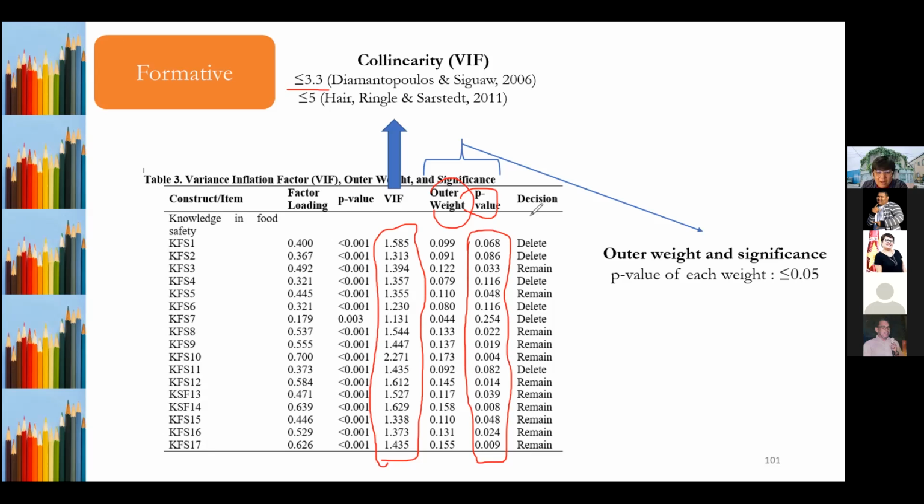You will see here I placed a decision column to make it easier to read. All outer weights that do not meet the p-value requirement need to be deleted from the model. So the ones marked delete did not meet the p-value. This is an example of measurement of validity and reliability for a formative construct.